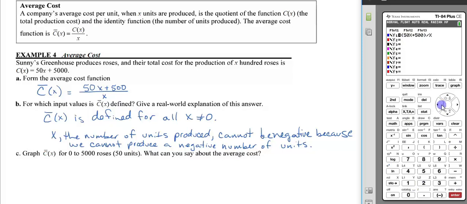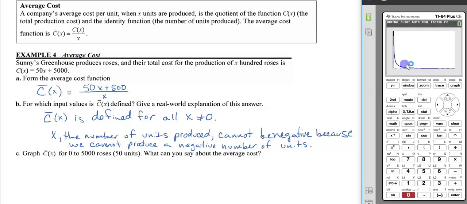You can do it like that, or you can also use alpha y equals and use your fraction template. So it would be 50x plus 500 and x in the denominator. They want us to graph it from 0 to 50. We already have those in there. And let's do a zoom fit.